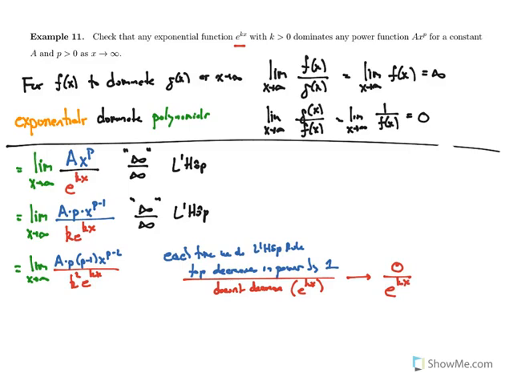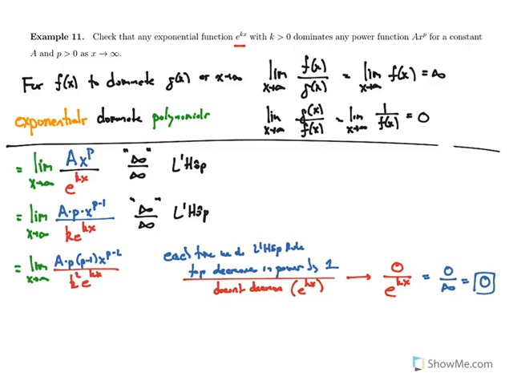And that's going to be equal to 0 over infinity, which is 0. Or maybe just a number, the constant over e to the kx. The idea here is that every time you do L'Hopital's rule, the power function decreases power by 1, and exponential functions don't change. So because of that, with limits at infinity, we could say exponential functions dominate polynomial functions.